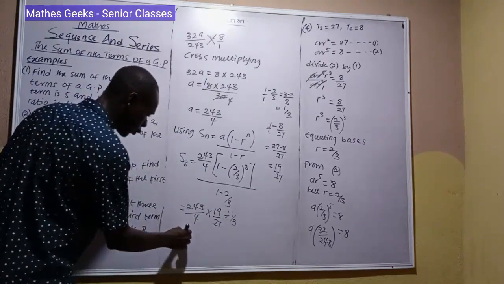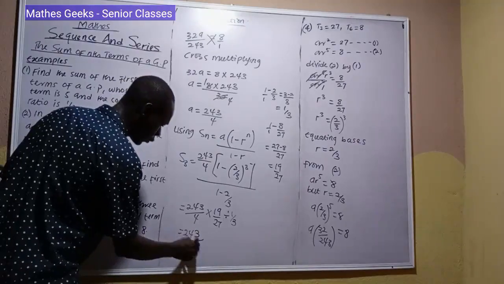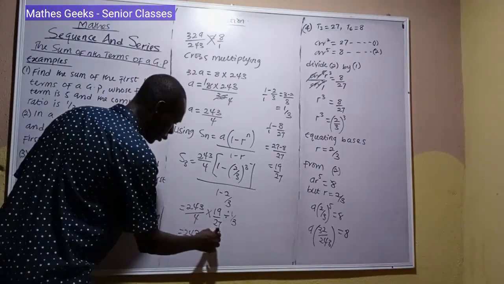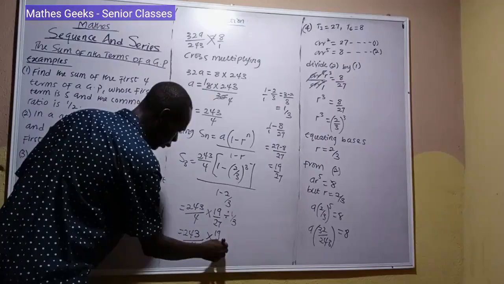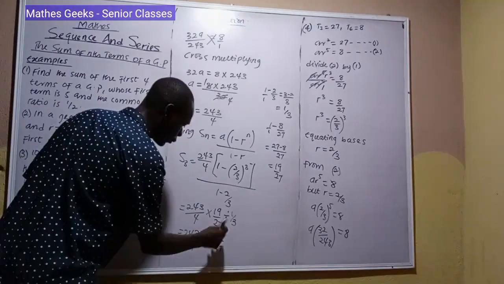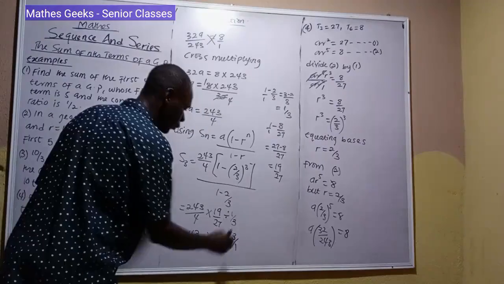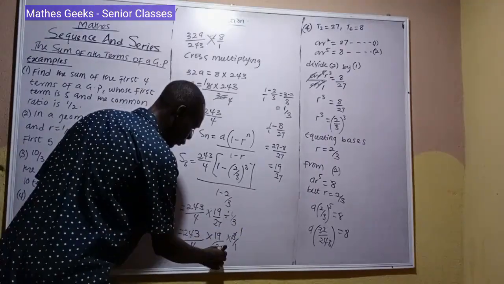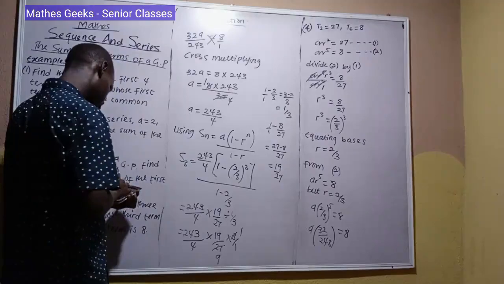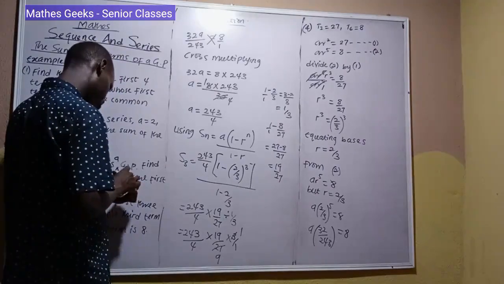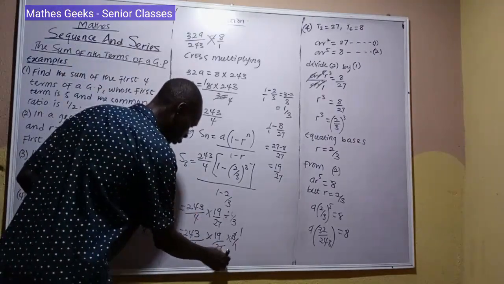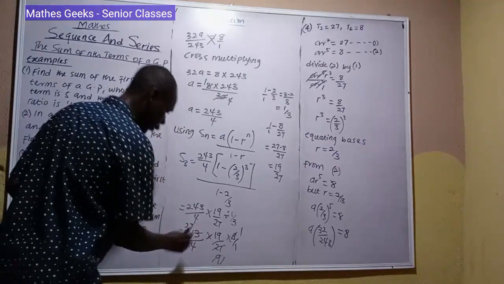This will give us 243 over 4 times 19 over 27, times 3 over 1. 3 over 1, 3 goes 9, 9 here goes 1, 9 here goes 27.